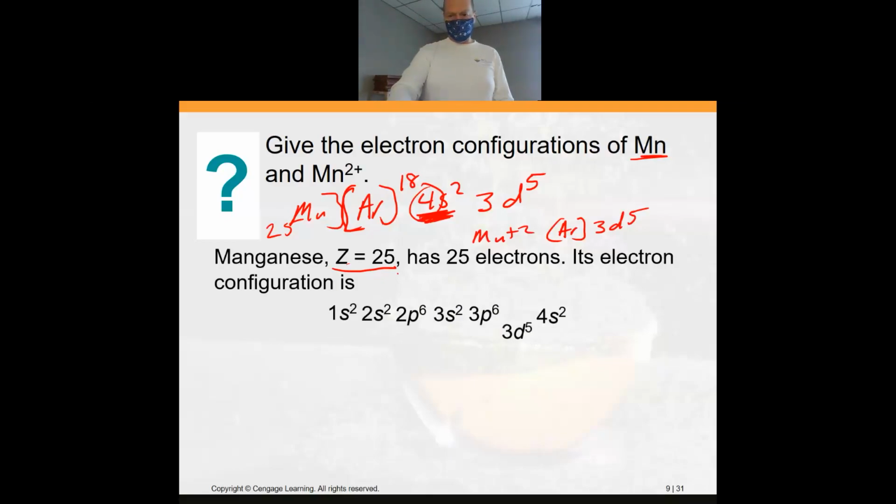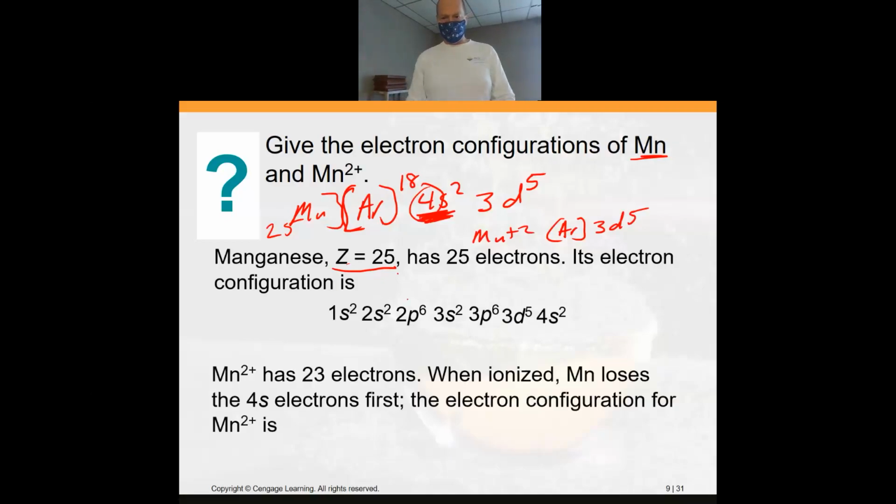And again, they're going to write out the whole thing, which is fine. I will write that right here as argon. Again, how they write the answer: the answer for the neutral is not going to be given this way.